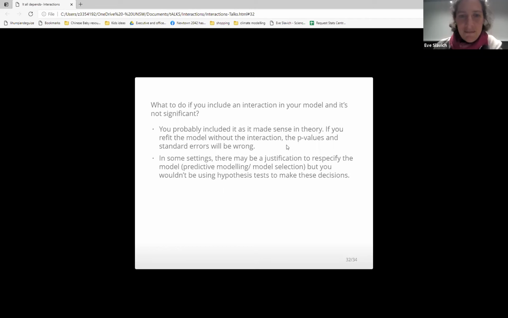And the only caveat to this is that I do think there are settings where you've got a justification to re-specify the model, but these would be predictive modeling, model selection settings, and not hypothesis testing estimation settings.